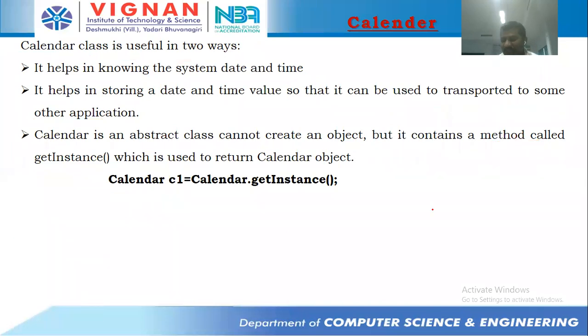For the Calendar class, we cannot create an object, but the Calendar class contains a set of concrete methods. Among them, we have the getInstance method, and the return type of that method is Calendar. In that way, we'll be creating an object for the Calendar class, and we are going to call other concrete methods like the set method and get methods.